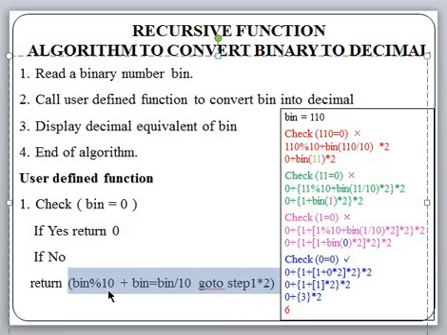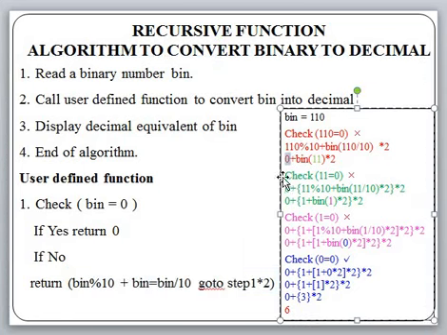Now here bin percentage 10. What is this bin percentage 10? Bin is 110. 110 percentage 10 is the remainder of dividing 110 by 10, which is 0, because 10 goes 11 times into 110 with no remainder, so this value is 0. Then we do division of 110 by 10. Why?